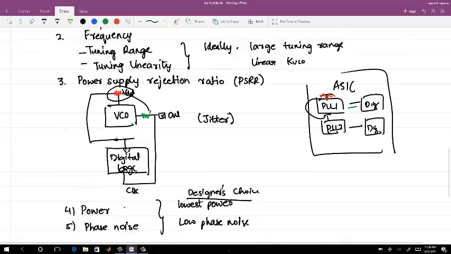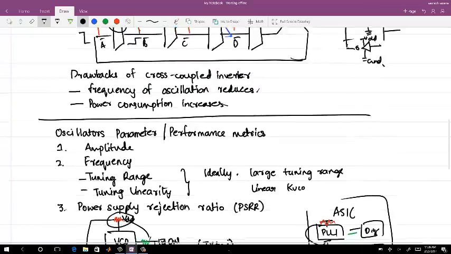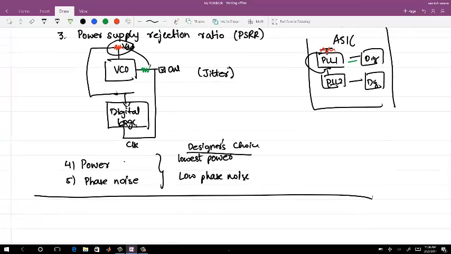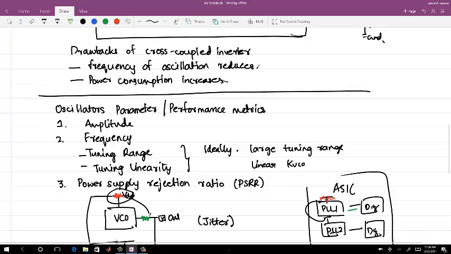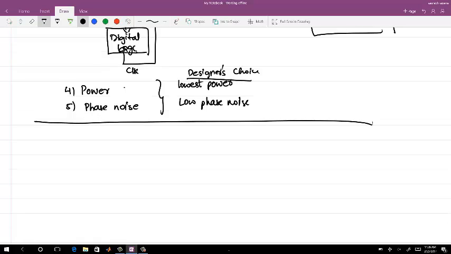Okay, so these are the performance metrics, and now we will see how the different kinds of oscillator cells are performing on different parameters. The first one which we have seen, the amplitude and frequency, the amplitude is here defined by your VDD and I. So let's start with the cell which we had.